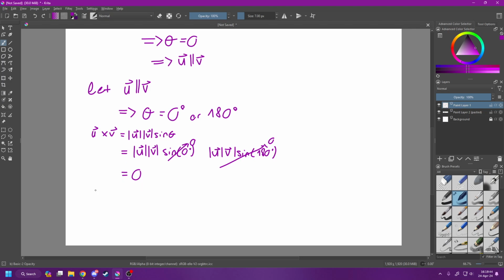Since this is all equivalent, that means the cross of u and v is equal to 0, thus proving that vector u and vector v are parallel if and only if the cross product between them is equal to 0. Okay, thank you.